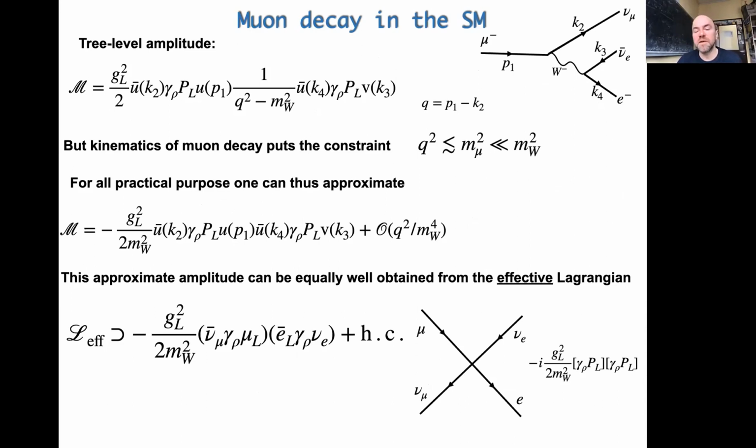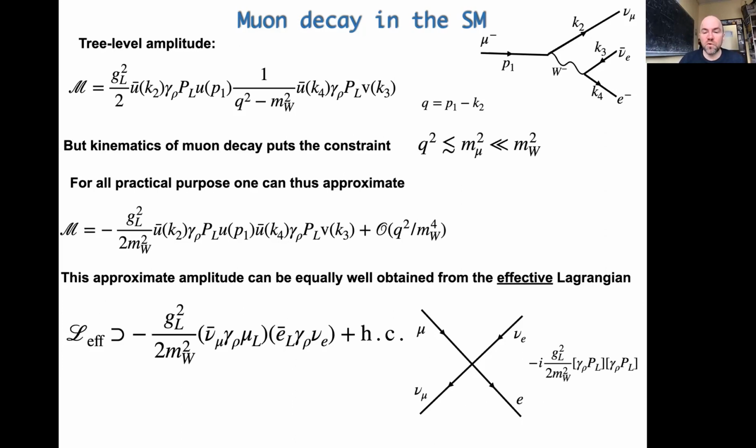So if you look at muon decay, you don't see the W boson. The W boson doesn't really exist for muon decay. What exists effectively is that the W boson propagator is contracted to a point, and muon decay proceeds by this effective interaction between four fermions: the muon, the electron, and the two neutrinos.